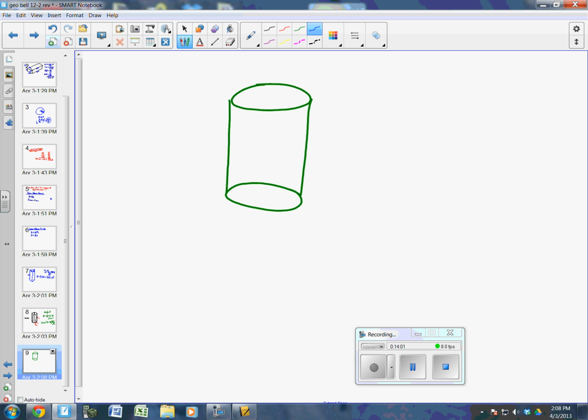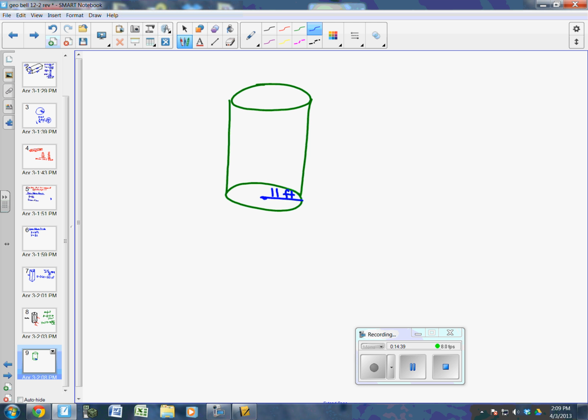What information do I need in order to find the volume of this? What do we need to do to find the volume of this thing? Well, I need to find the area of the base. So what information do I need to find the area of the base? Radius. That's all I need, isn't it? Let's make up a number. What do you guys want to say the radius is? We'll say 11 feet. How's that?